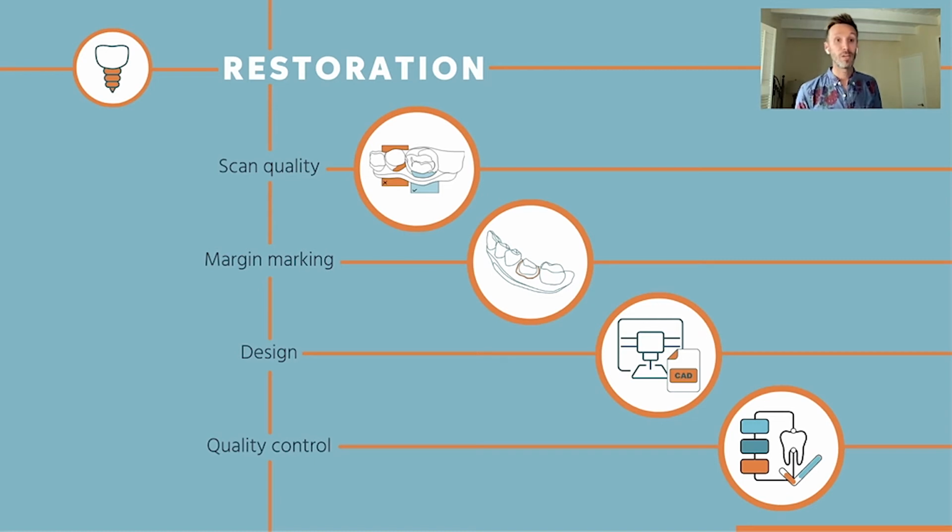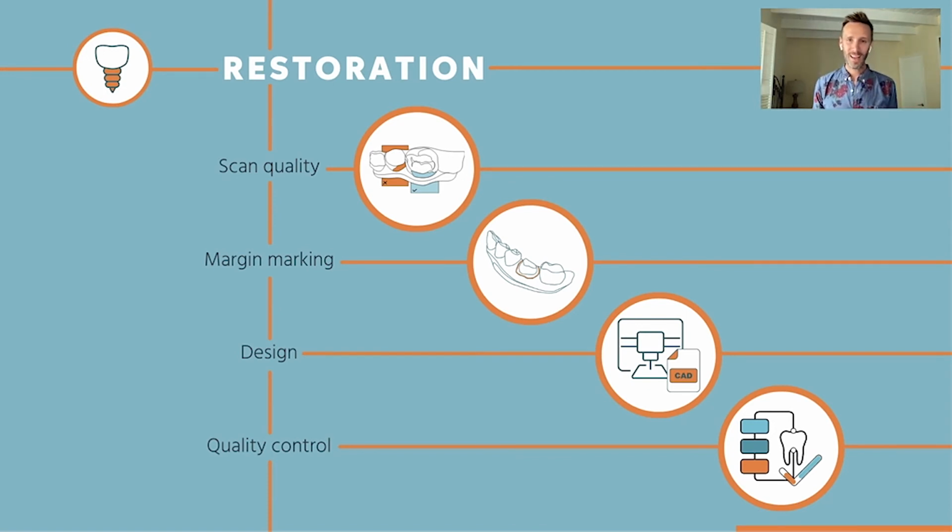From a manufacturing standpoint, when you think of margin marking, we have some labs here in the US that are doing thousands and thousands of crowns a day. They have an army of laboratory technicians that are going on the CAD software and digitally marking the margins all day long.